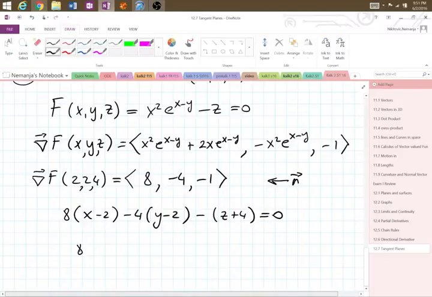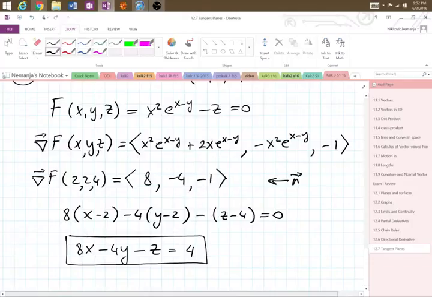So we have 8x minus 4y minus z is equal to, and then we have negative 16, negative 8, z minus 4. So this is negative 4 on the other side? No, positive 4. There we go. Perfect.